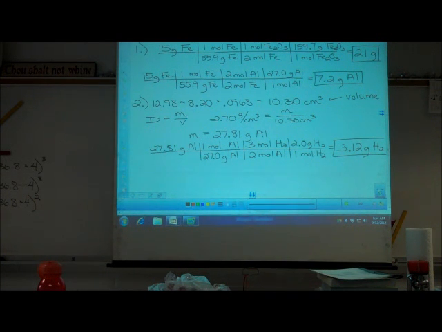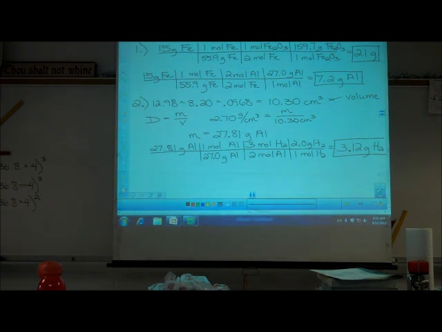I will tell you all that this second question, number 2, is a very test-like question. Meaning that you're having to come up with the equation yourself. Sometimes I'll give you a reaction, but usually I'm going to have you come up with it yourself. I give you enough information to figure it out. But also, if you'll notice in number 2, unlike number 1, I didn't just give you a starting value.